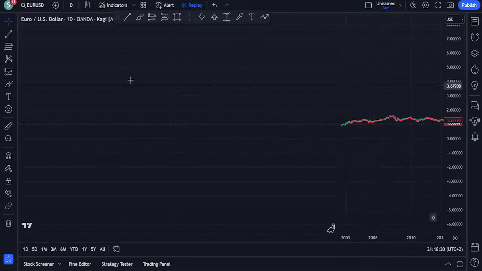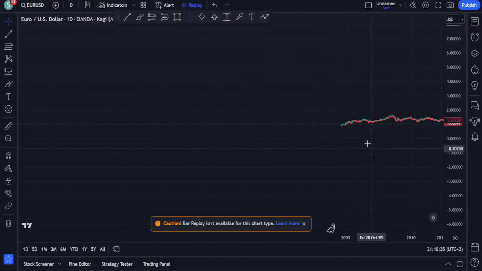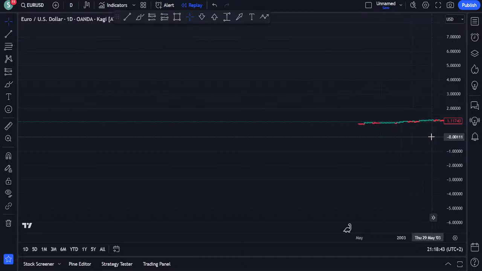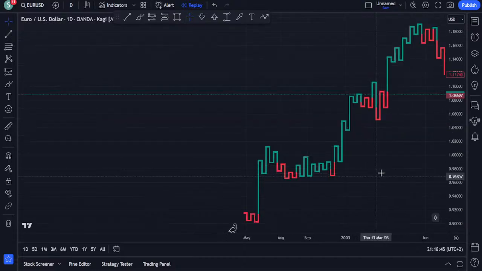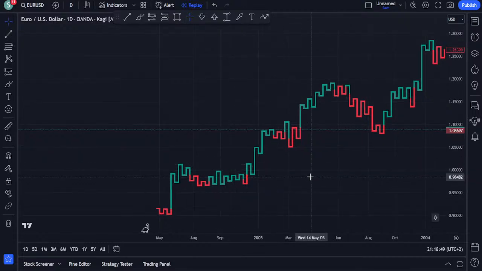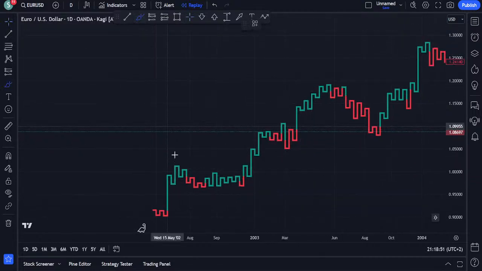Oh, that's pretty cool. Let's go here. Can we go here? Oh, okay, we don't have more replay. Okay, let's just zoom into this place. Alright, pretty cool. I mean, now it's easier on the eyes to see it, right?